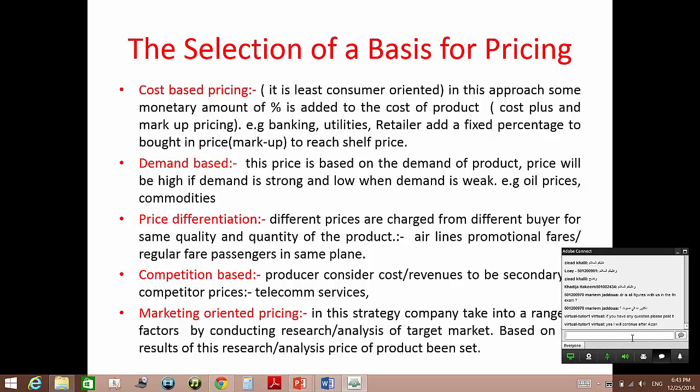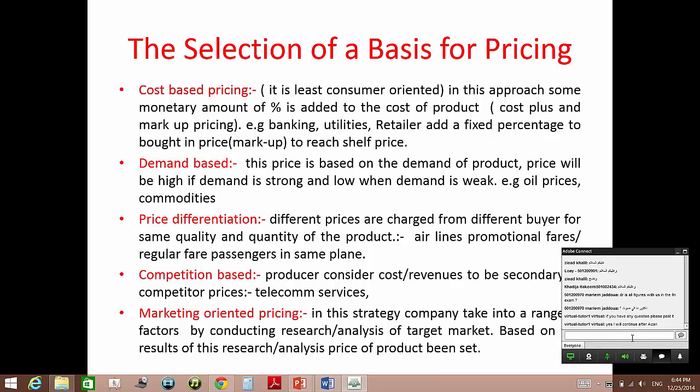Of course, this is a dynamic relationship. It's not a static relationship. That means usually the demand for any product is fluctuating. The demand will not be stable for a long time.